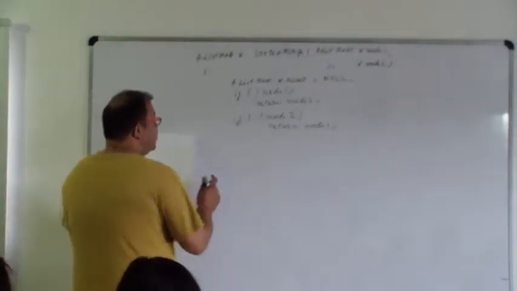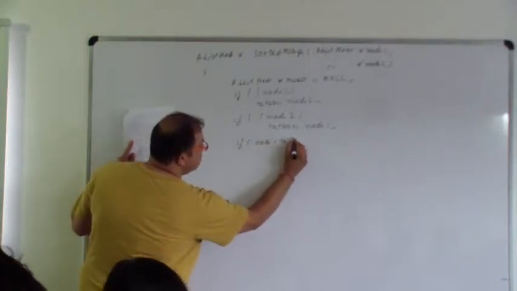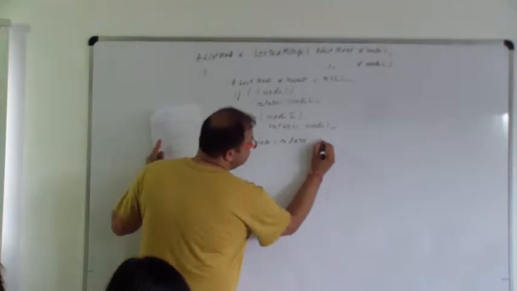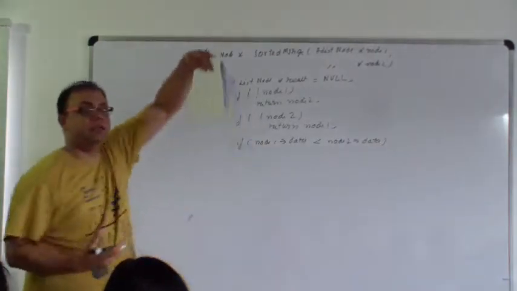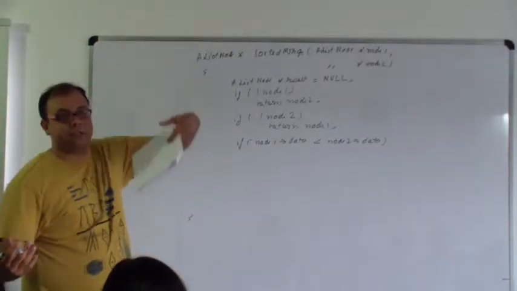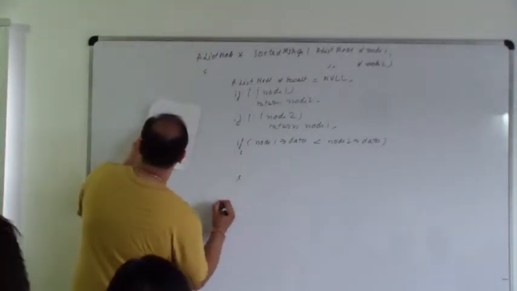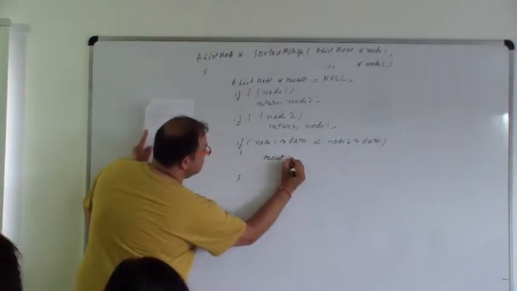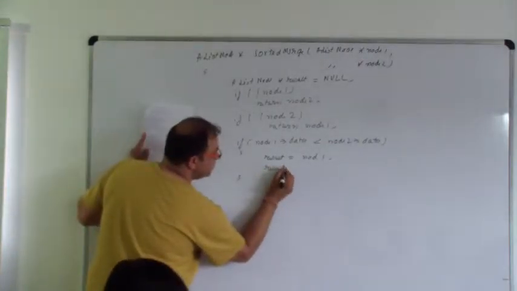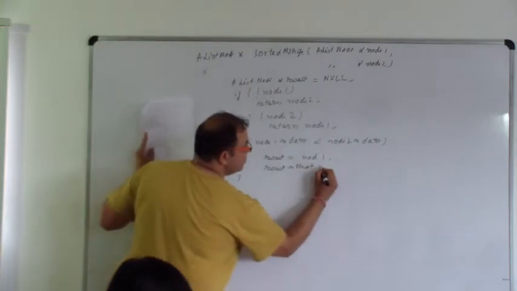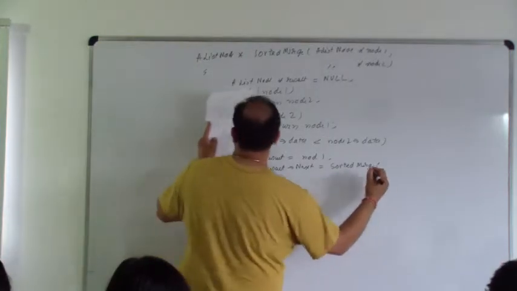Okay. Then we will check the condition. If node1 arrow data is smaller than node2 arrow data, which means that node 1's data is smaller than node 2's data, then the merged will actually be, we will take the first one. So we will say result is equal to node 1 and result arrow next will be equal to sortedMerge of node1 arrow next, node2.